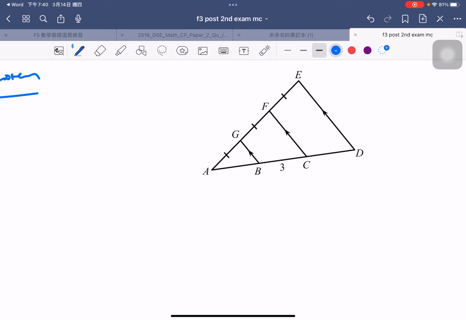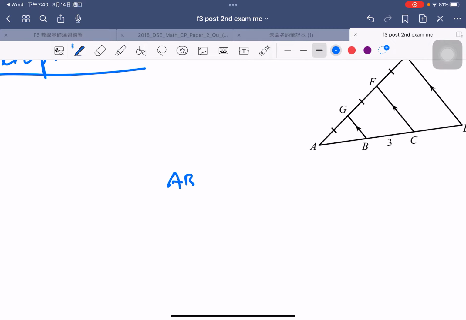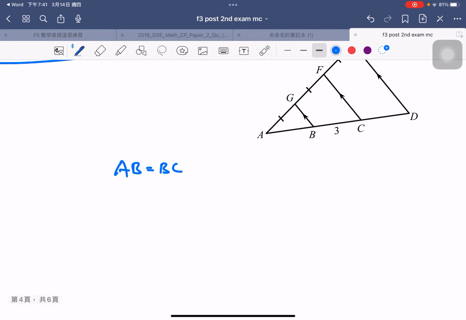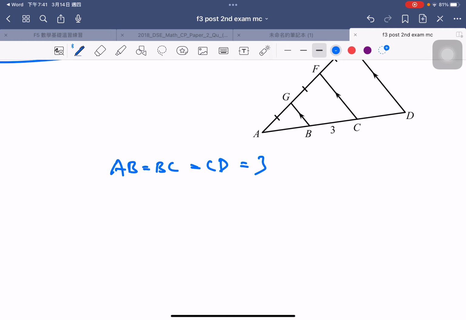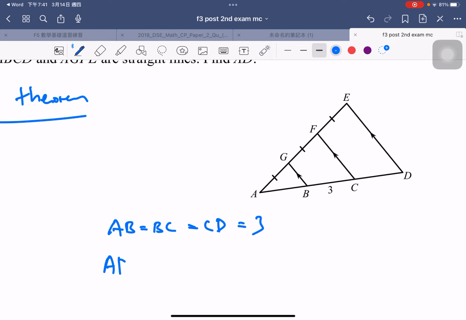So by using the intercept theorem, AB is equal to BC is equal to CD, which means each is equal to 3. We are asked to find AD. So AD just equals 3 plus 3 plus 3, which is 3 times 3, giving you 9.